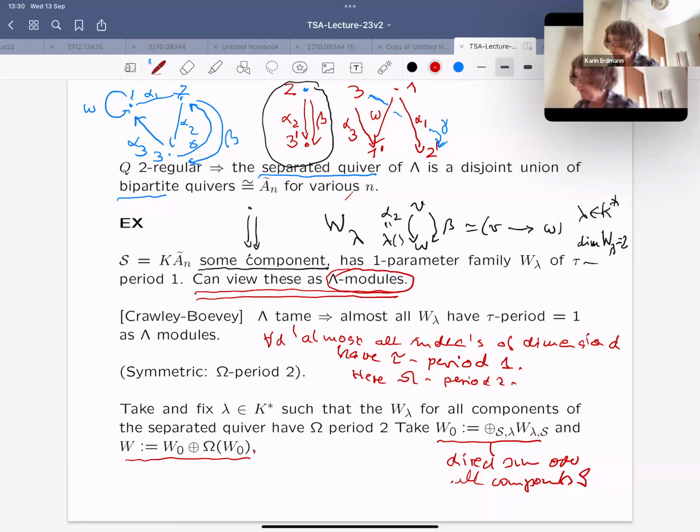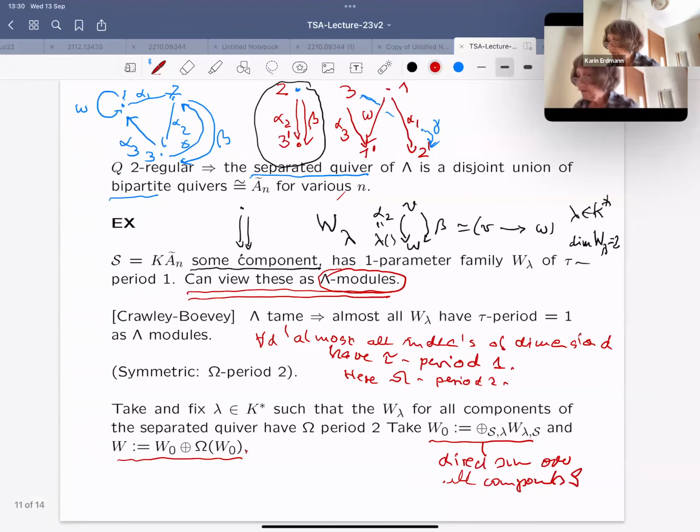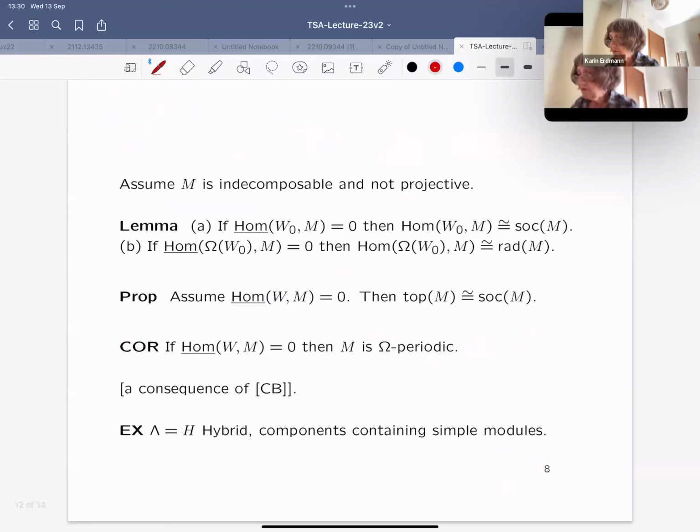Good, right. So we have a module W. So what do we do then? I don't know how much detail I want to say. So now we take this indecomposable and non-projective, so we know we are at step 2 here. So we take this W and we take M indecomposable, not projective.